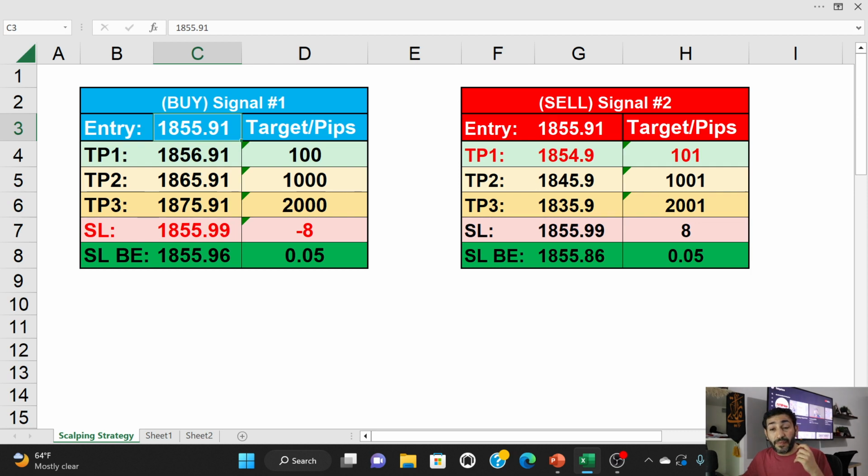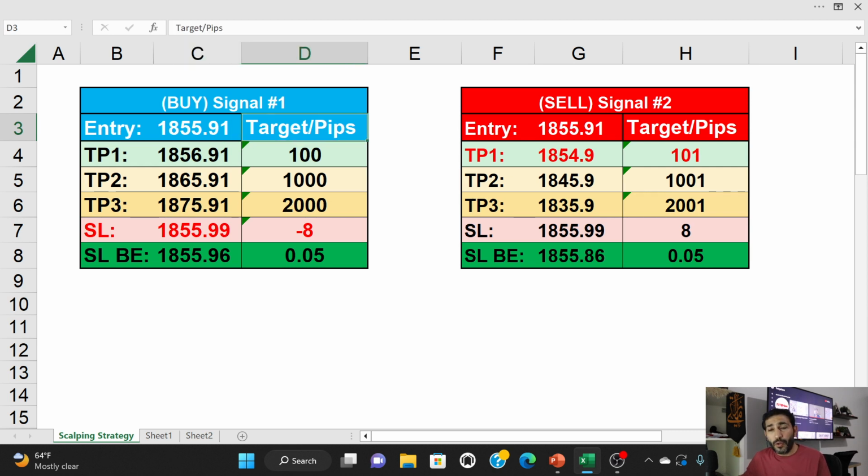However, if we have a signal where we want you to enter immediately, we're going to give you a range because we are not expecting you to catch the same price. So now blue means buy signal. The number means the number of the signals being produced, whether it's buy or sell. And this point here is the entry point of the signal.